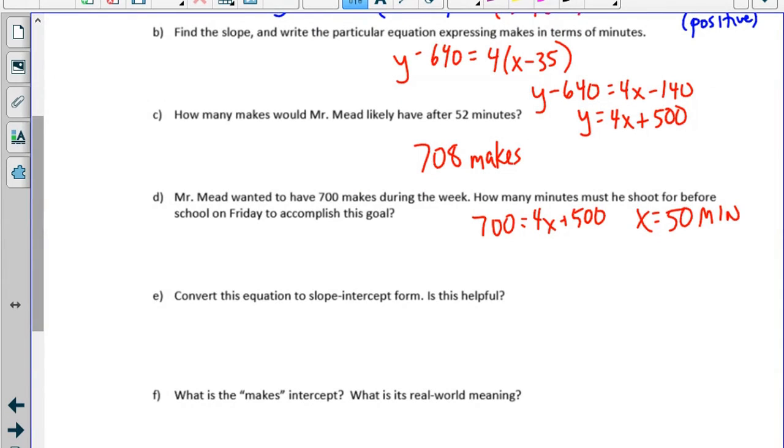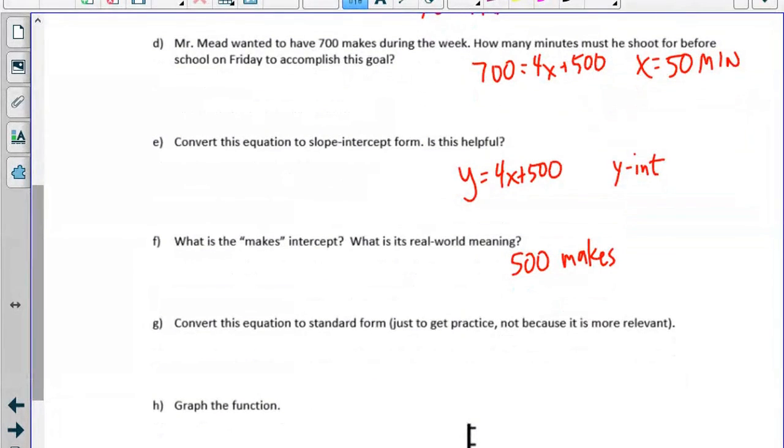Convert this equation to slope-intercept form. We already did that, so y equals 4x plus 500. Is it helpful? Yes, it is helpful. Why is it helpful? To get the y-intercept. And we already got that. Oh, hey, look, letter F asks for the makes intercept, 500 makes, which I could write as an ordered pair (0, 500).